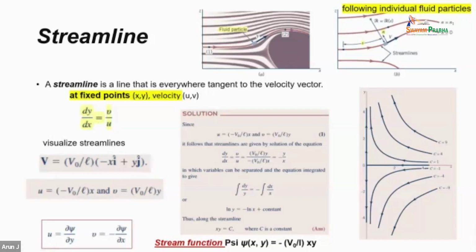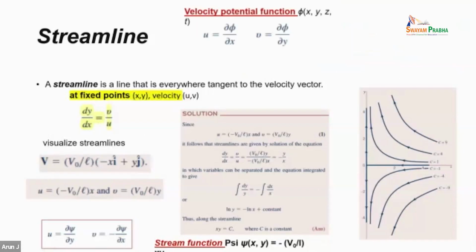And in fluid, you also learned another function, what we call the velocity potential function. With this definition, another function phi: d phi/dx equals u, the x direction velocity, and d phi/dy equals v, the vertical direction velocity.